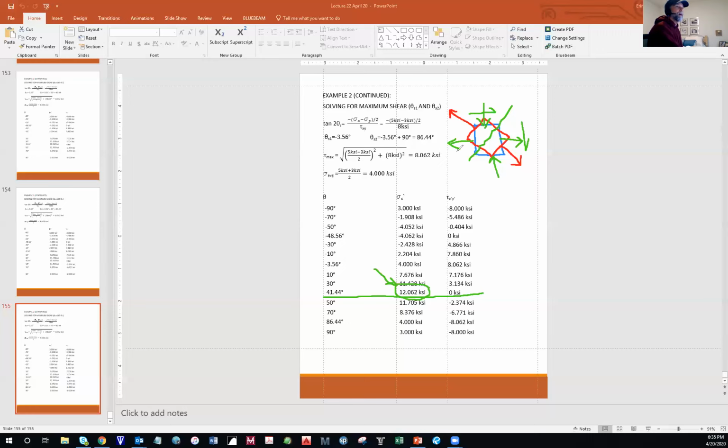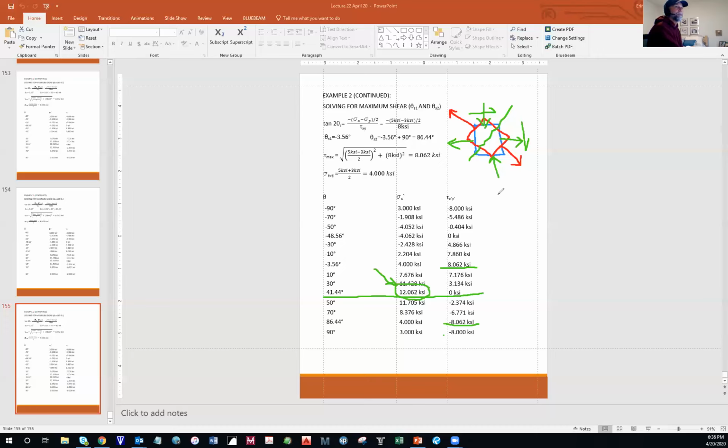I could look at this problem and say, oh, no problem, I have no horizontal shearing stress. But as you do this evaluation, you rotate it through all the possible directions of loading, and you'll discover that there are places where you have a maximum and a minimum shearing stress.